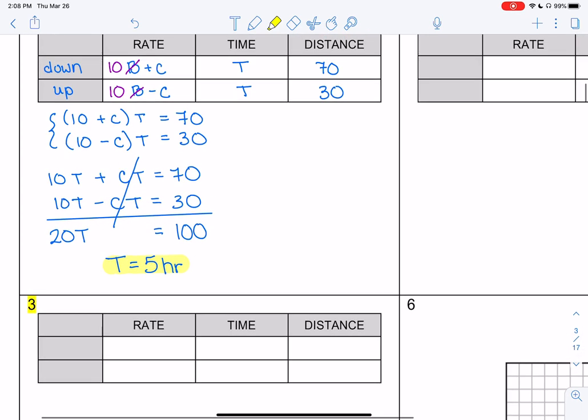Then I come back to see the only thing I don't have is the rate of the current, my C value. So I'm going to take my equation there from the middle, see if I can go back and solve for C. I have to plug in my T value is equal to 5. So I plug that in.